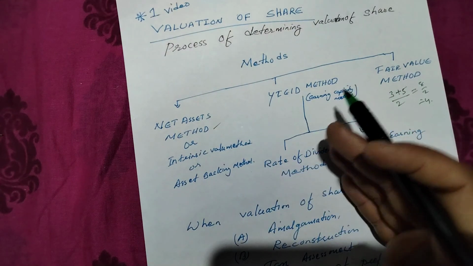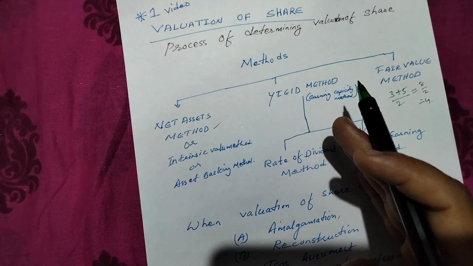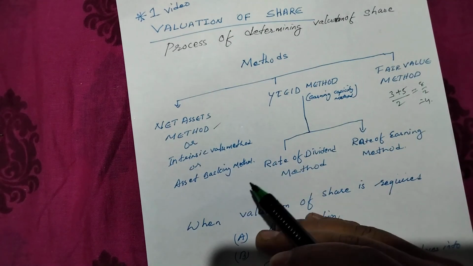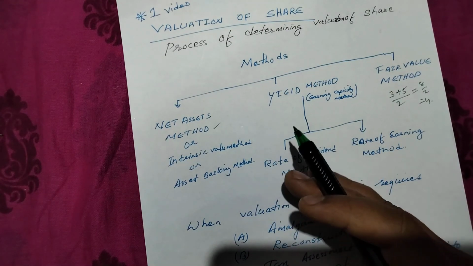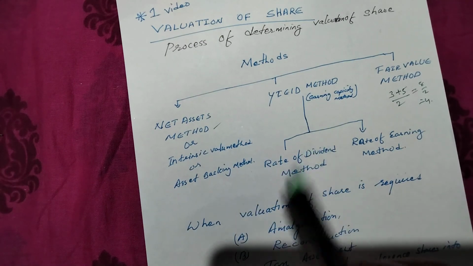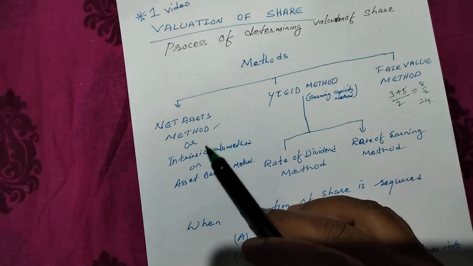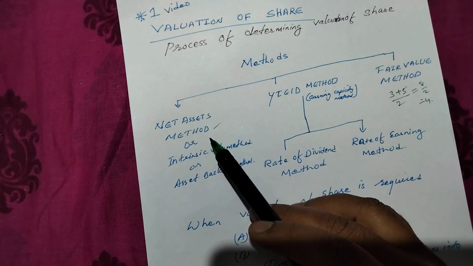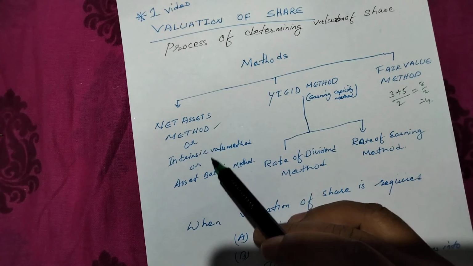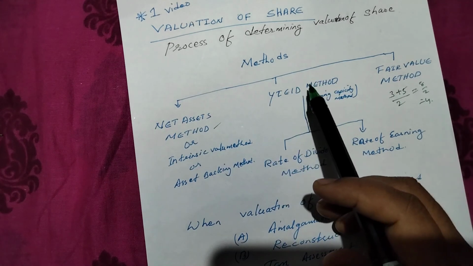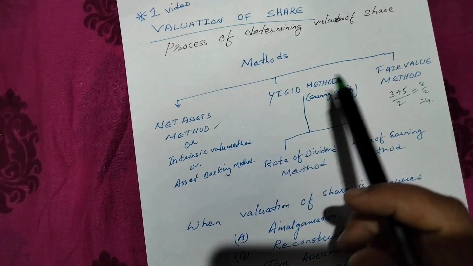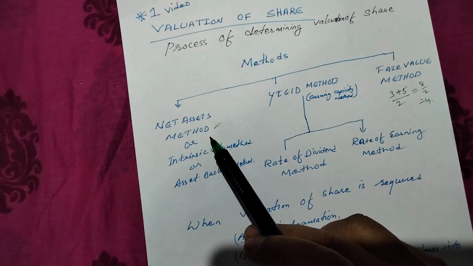The preference shareholders' claims. Then whatever remains, that will be the equity shareholders' portion. So according to that, we will be finding the value of share. Okay, in the next video we will be discussing the yield method. So this is net asset.